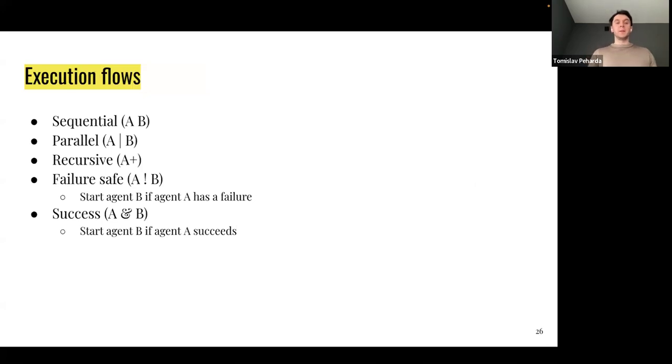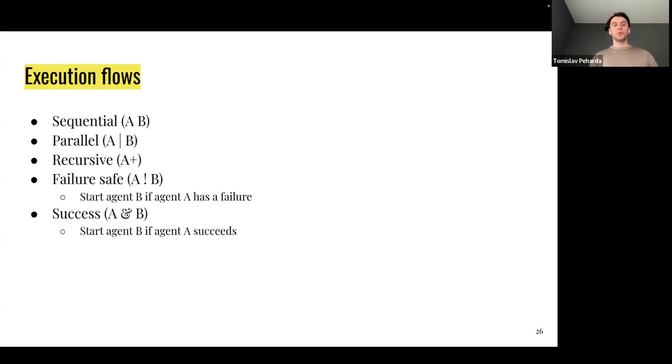And as I said previously, agents do not only specify communication, obviously they do communicate, but they might also start or exit at different times. For example, we might have two agents communicating together, where agent B will only start when agent A has completed.